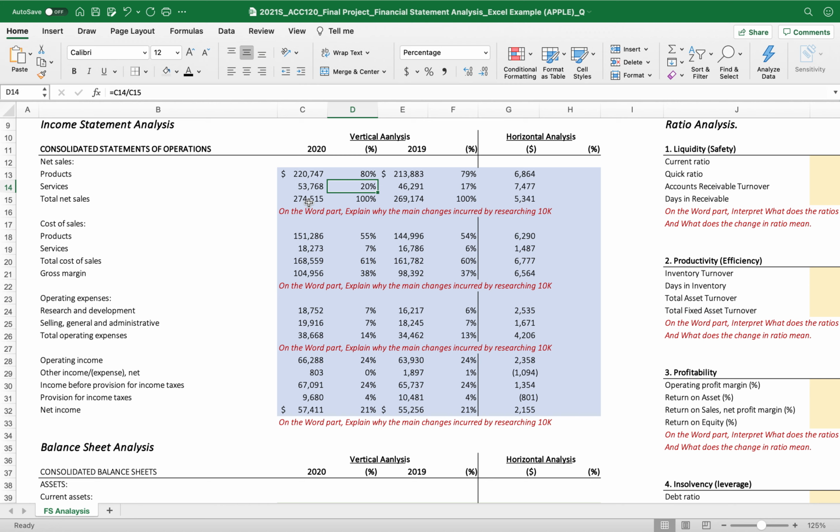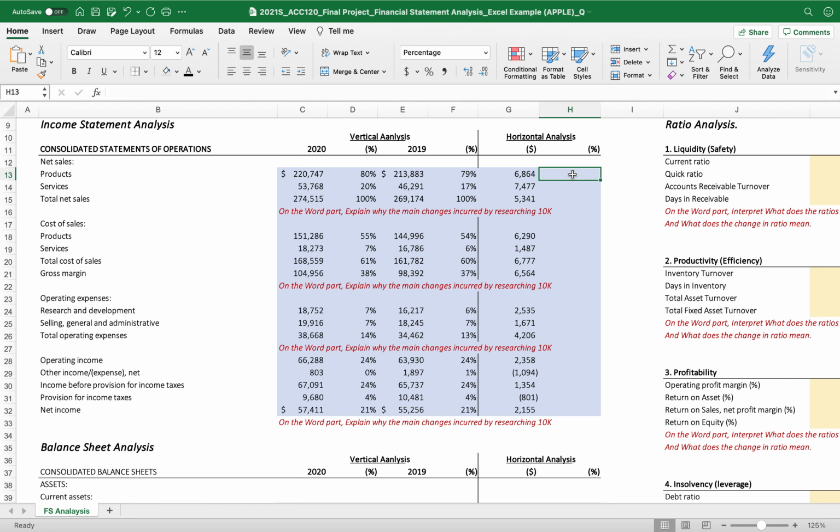So we can analyze, for example, that the company focused more on the products part in 2020 than the service, because the portion out of total net sales in service in 2019 was only 70%. Oh, but it has increased 20%. But when we compare the product and services, definitely the product portion has increased, right?